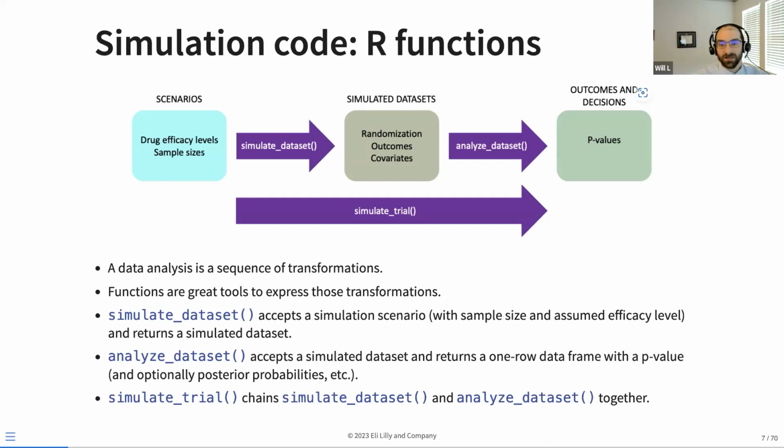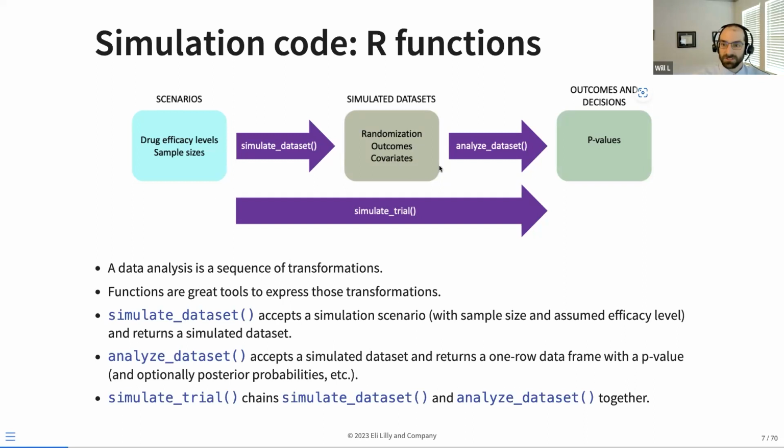So arguably, a data analysis is a sequence of transformations. We begin with a set of scenarios that posit our hypotheses about drug efficacy. And then we write functions to transform, for example, a scenario into a simulated data set, because one depends on the other.